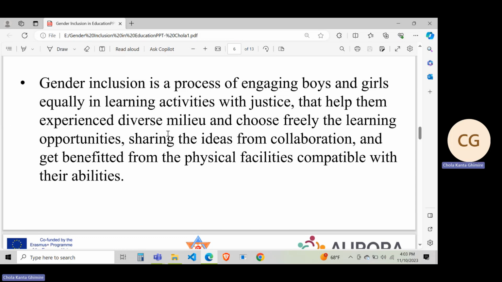They equally practice the learning situation, equally get the opportunities of learning and choose freely the learning opportunities, sharing ideas from collaboration. They both need to share their ideas and learn in collaboration and get benefited from the physical facility compatible with their abilities.